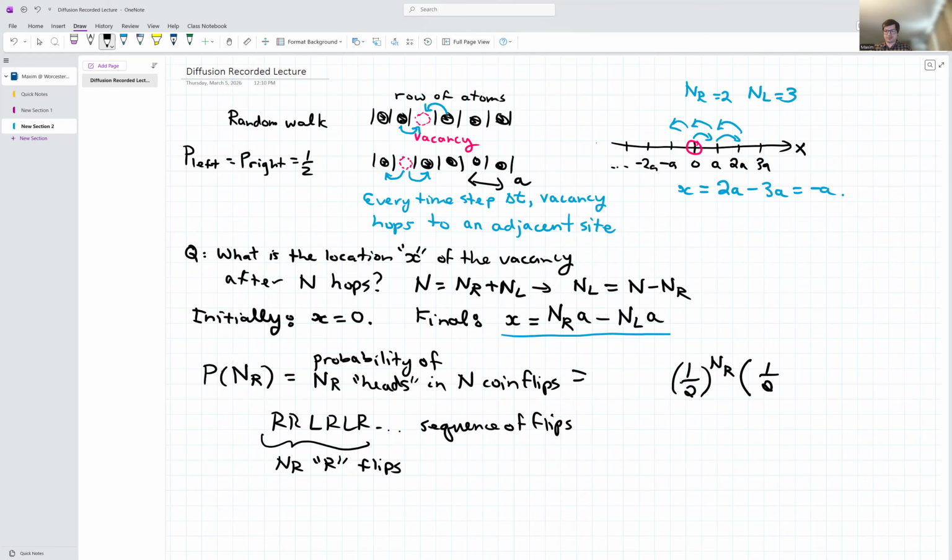Then the rest of the flips have to be to the left, so the probability is that. Now you see the n sub r parts cancel, and this is just equal to 1 over 2 to the n. It's because all the sequences are equally likely, so this is really the probability of observing any specific sequence.